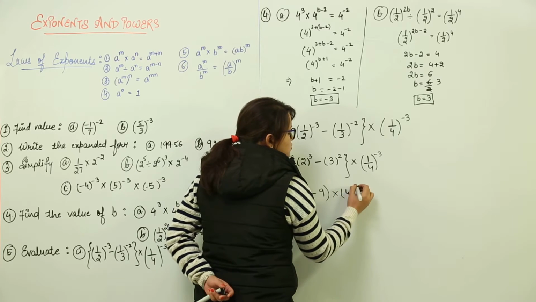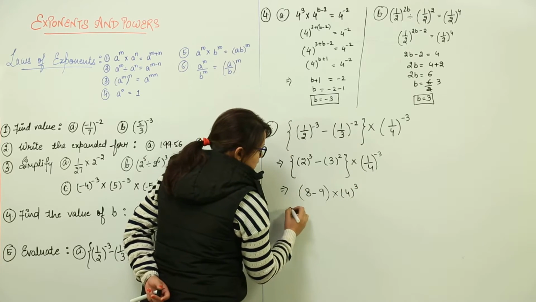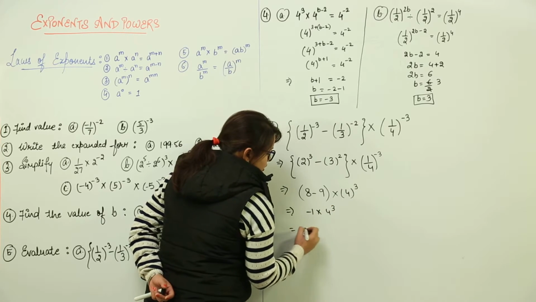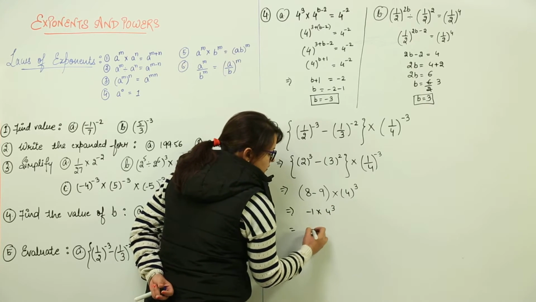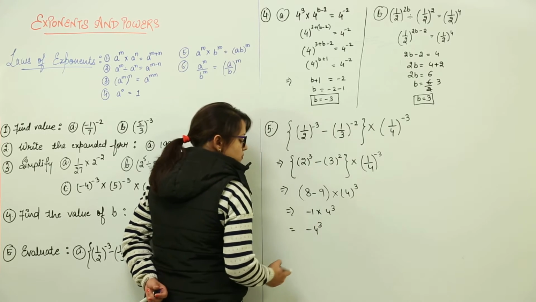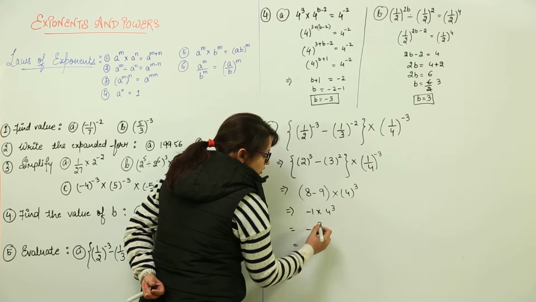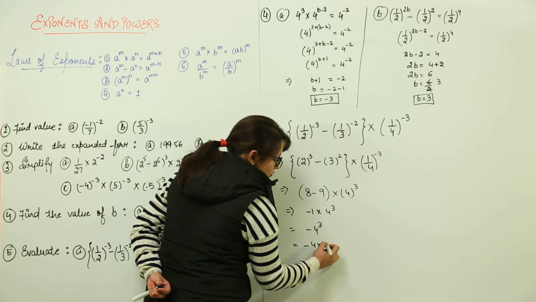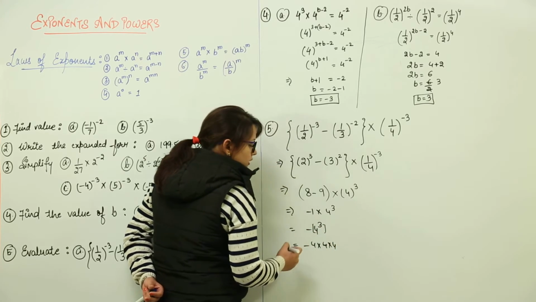Again the same thing, 4 raised to power 3. Now this becomes minus 1 into 4 raised to power 3. What is minus 1 into 4 raised to power 3? It's minus 4 raised to power 3. And what is 4 raised to power 3? Minus 4 into 4 into 4, because the minus is remaining outside only, right?